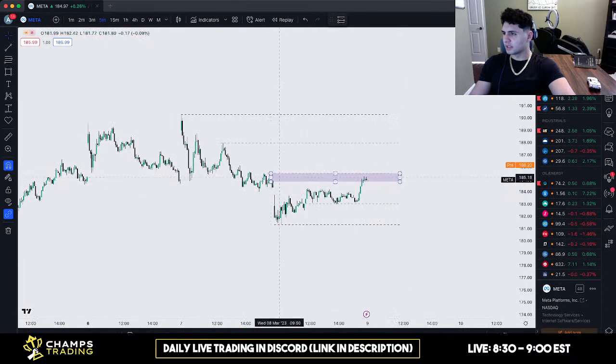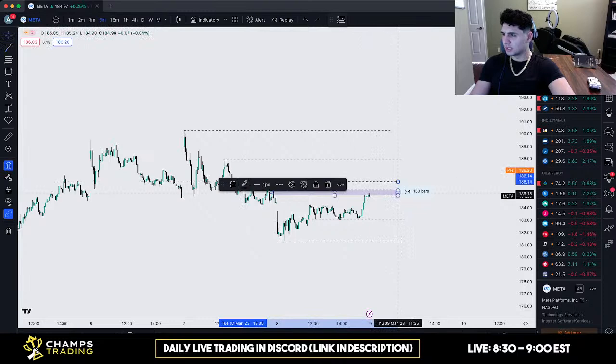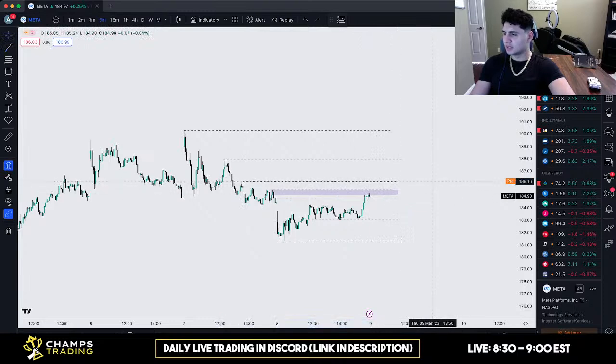That's how I'll approach Meta if I were you. I don't trade Meta, but that's how I would approach it, seeing how price reacts to these pivot points. Because if you end up breaking that level, then this 186.14 is going to be your last resistance. If that breaks, we could see a push into that 187 level, towards this region.